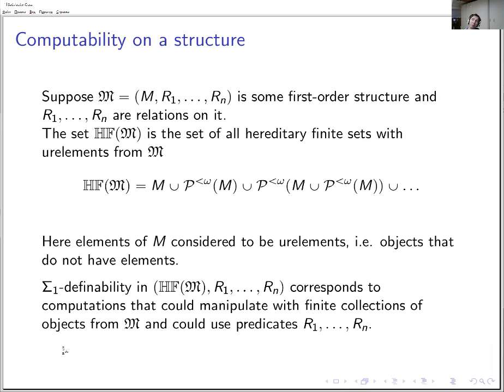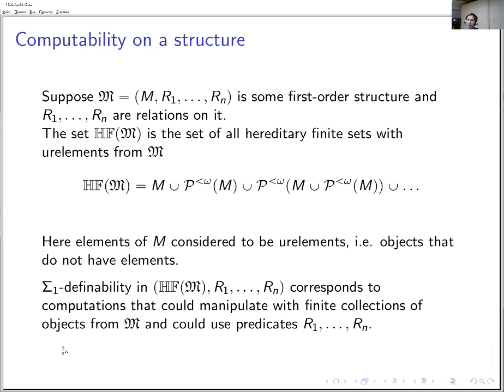But we don't want to have some more powerful access to reals, for example, to treat reals as oracles. So we want a model of computation that is allowed to manipulate these reals, but only use arithmetic operations.